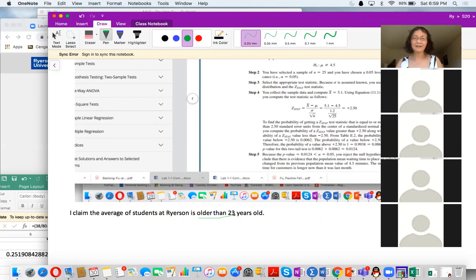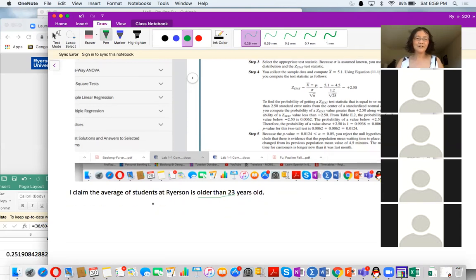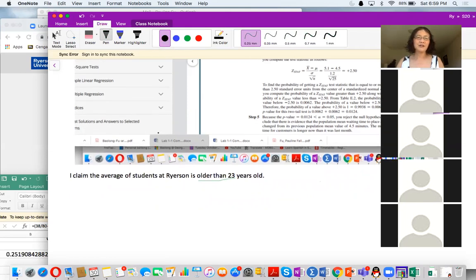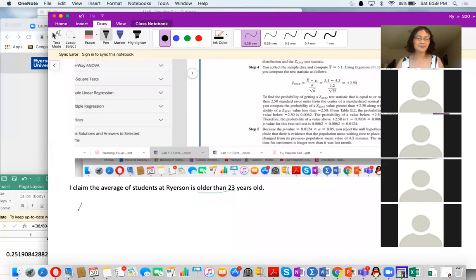Those are one-tailed tests. Based on this statement, how am I going to write down H0 and H1? Remember last lecture, I told you H0 is always connected with equal, greater equal, or smaller equal.